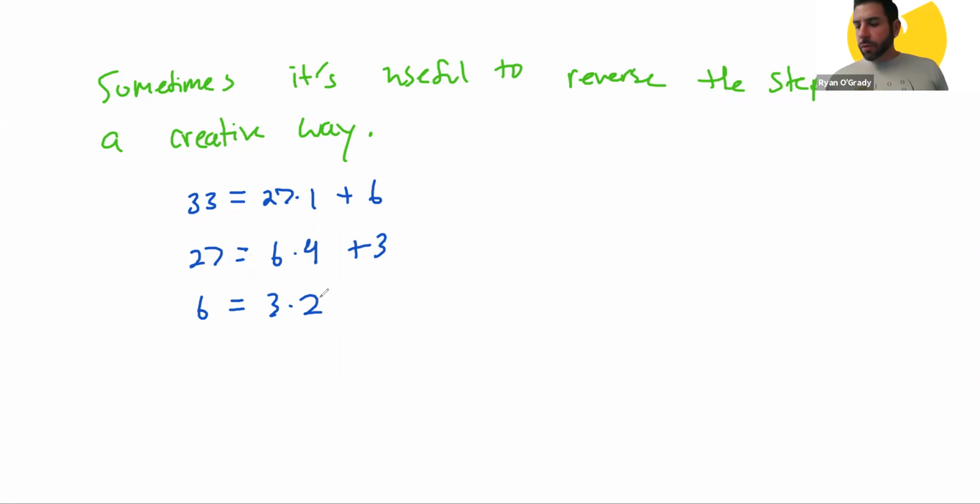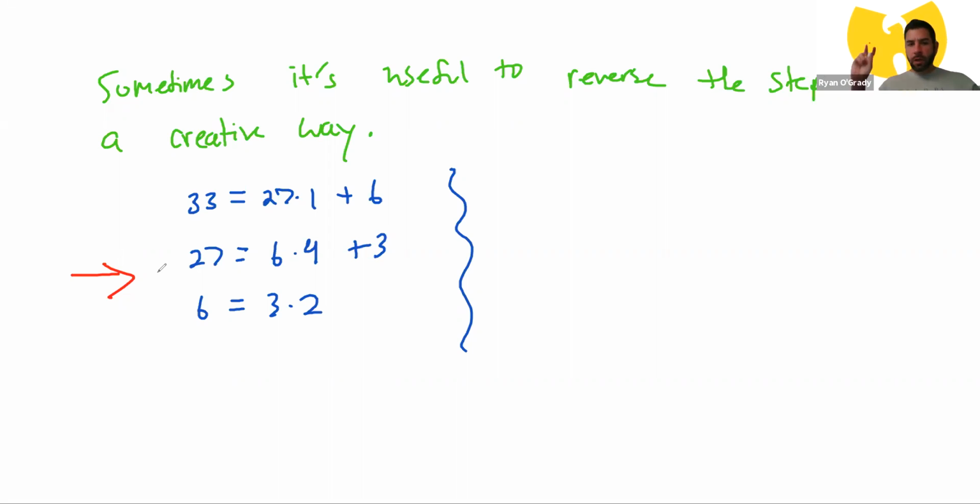So what I'm going to do now is look at this second to last line. I'm going to start here and rewrite it, and I want to solve for 3. But I don't want to just solve for 3 and say that 3 is equal to 3, because that's not giving me any information I don't already know.